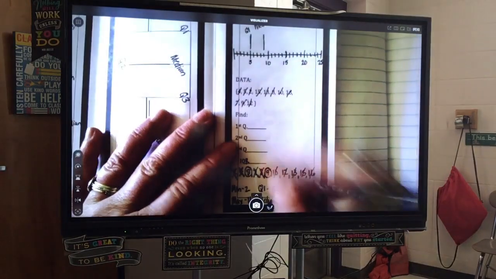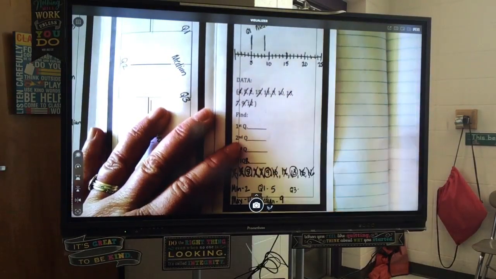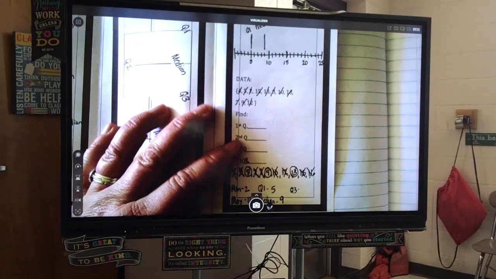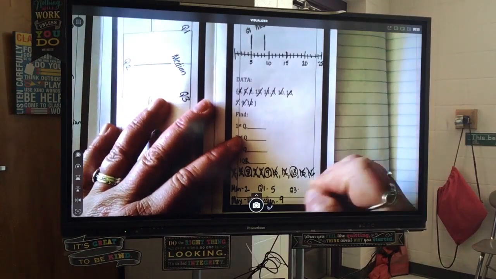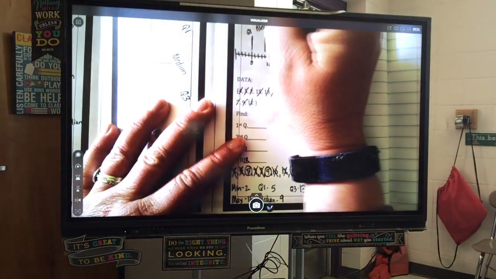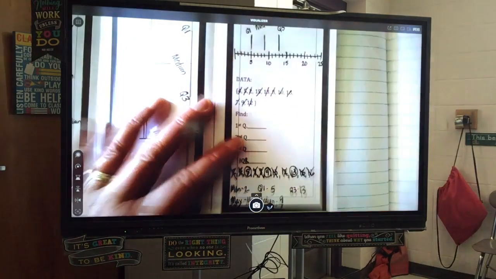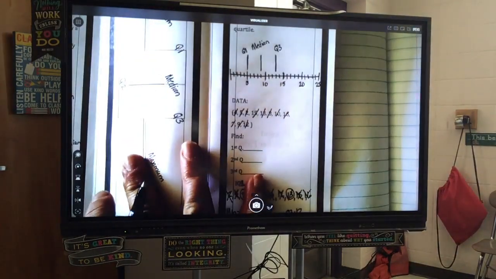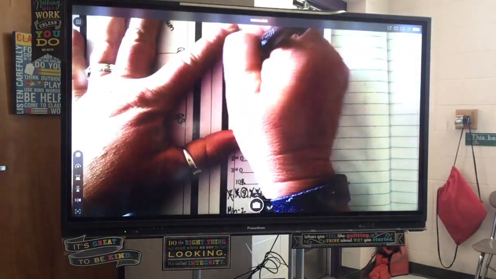And then for Q3, doing the same thing as the others, finding my Q3, which is what? Jackson? 13. Alright, so essentially I have my median, my Q1, and my Q3. I am now going to make this a box.